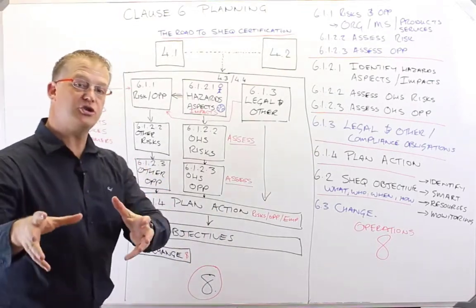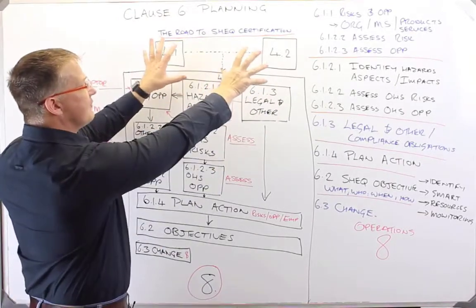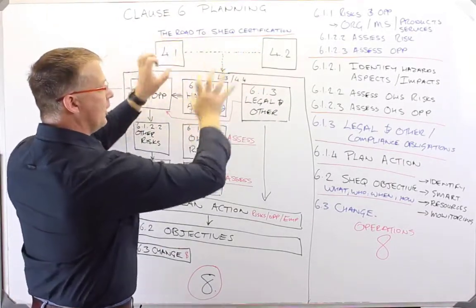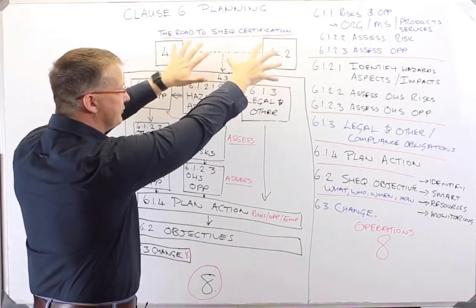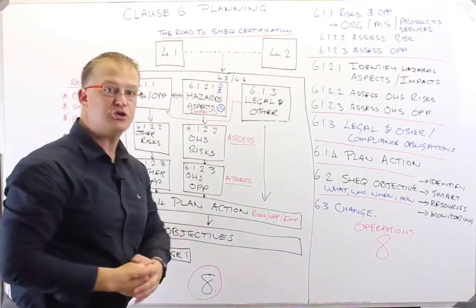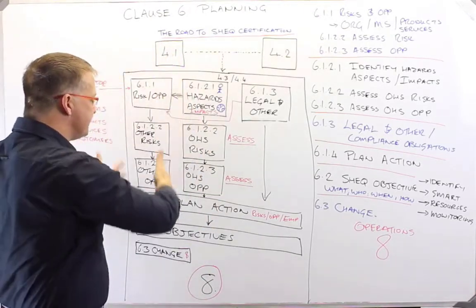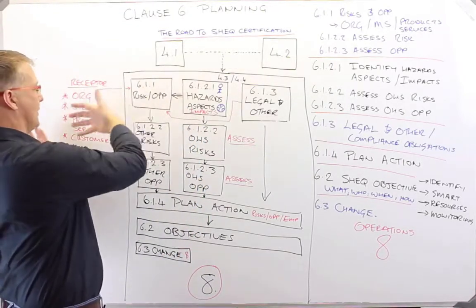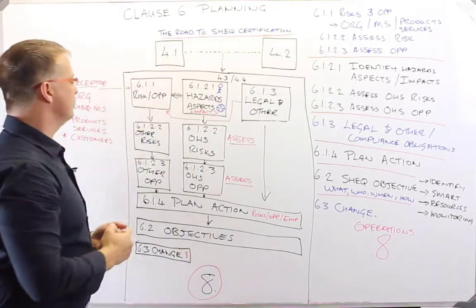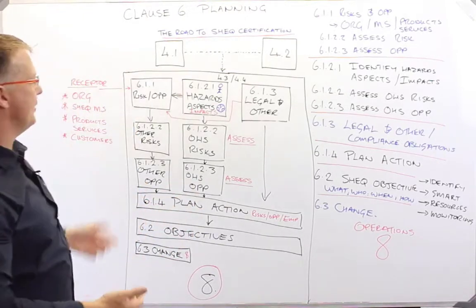But what we wanted to show you is the direct link between the information that you've identified in clause 4, 4.1, 4.2, how it determines your scope, and how that information from clause 4 pulls into your clause 6 risk assessments, be it a risk and opportunity strategic assessment where the receptor, or what's at risk or what could be exposed to the opportunity, is the organization or the management system.